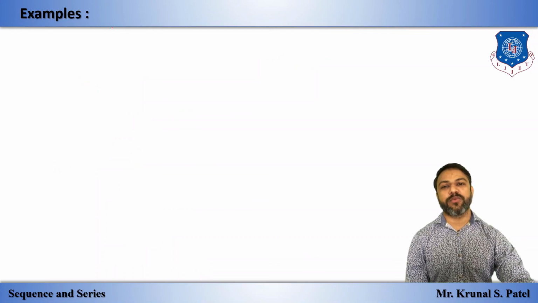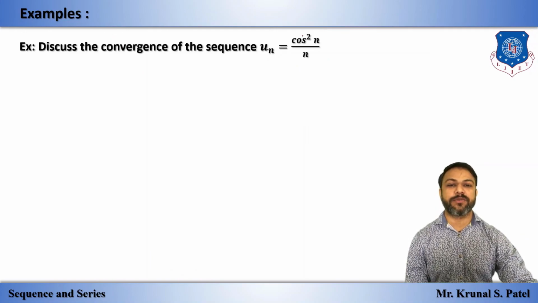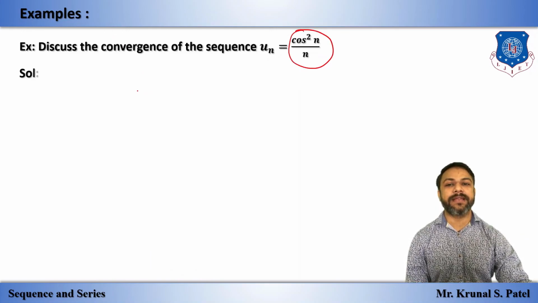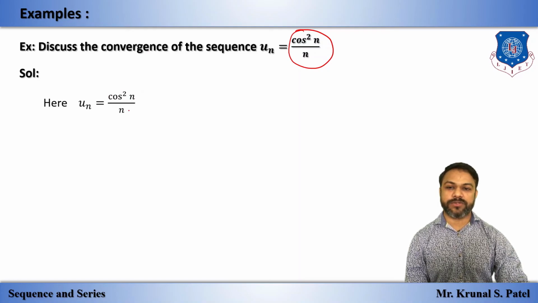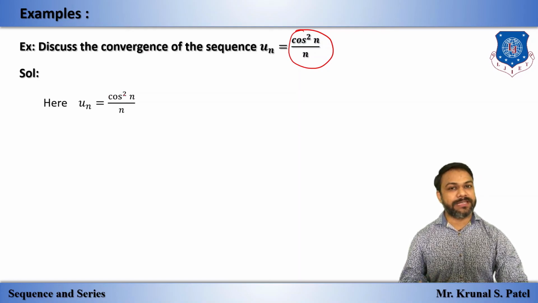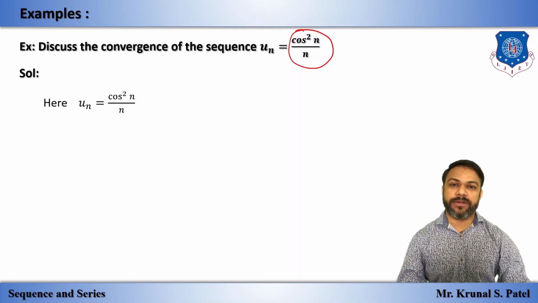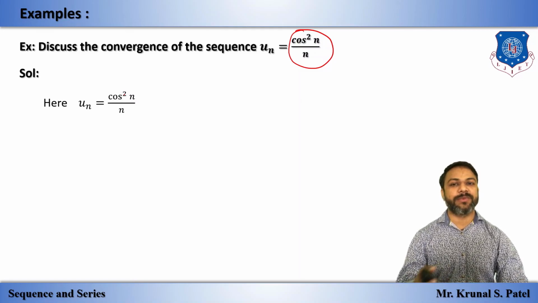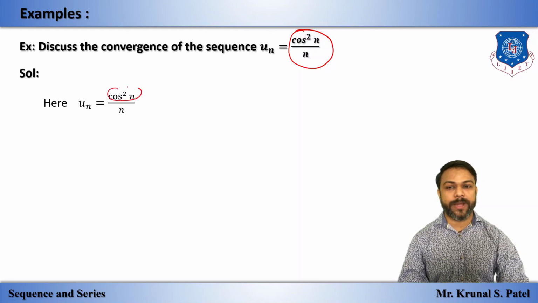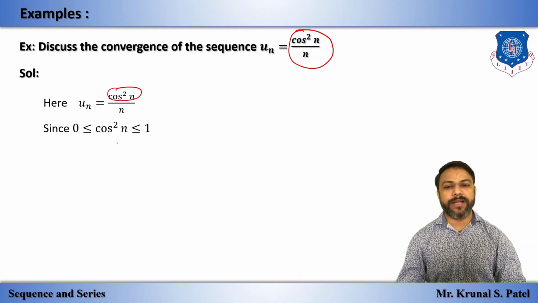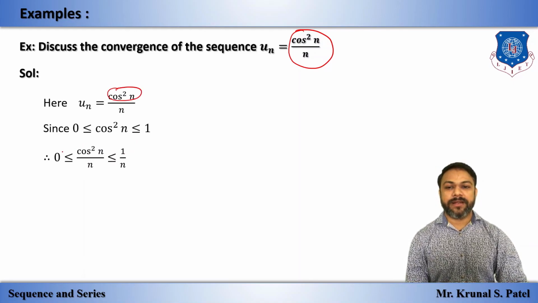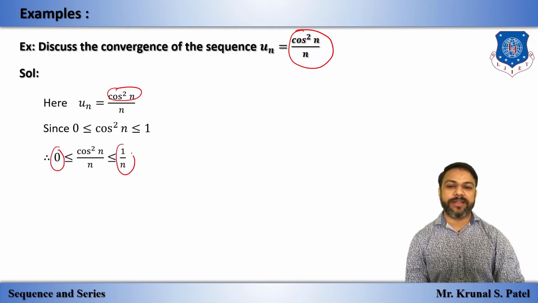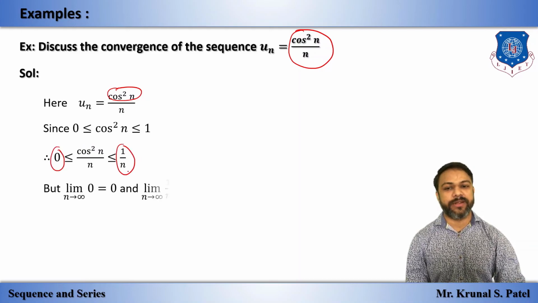Okay, so we have one more example. Discuss the convergence of cos square n by n. So we have un equal to cos square n by n. Now as we have seen that the range of sin x is minus 1 to 1, similarly for cos square it is between 0 and 1, divided by n. Now the limit of 0 is 0, and the limit of 1 by n as n tends to infinity is 0.